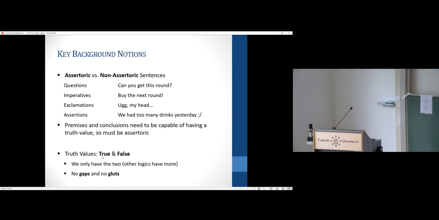But for our purposes, two truth values, true and false. They're exhaustive: every sentence is either true or false, and they're exclusive: no sentence is both true and false. Cool? Cool. Now, I want to introduce a few more definitions, a few more conceptual notions.